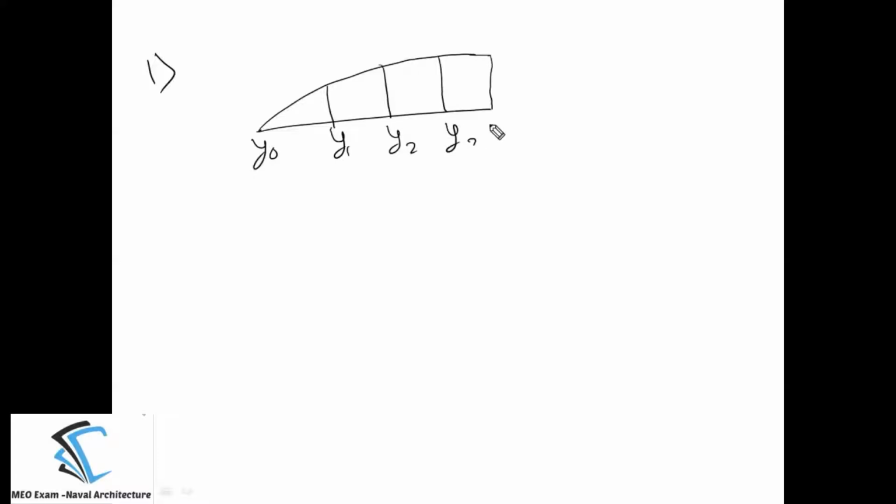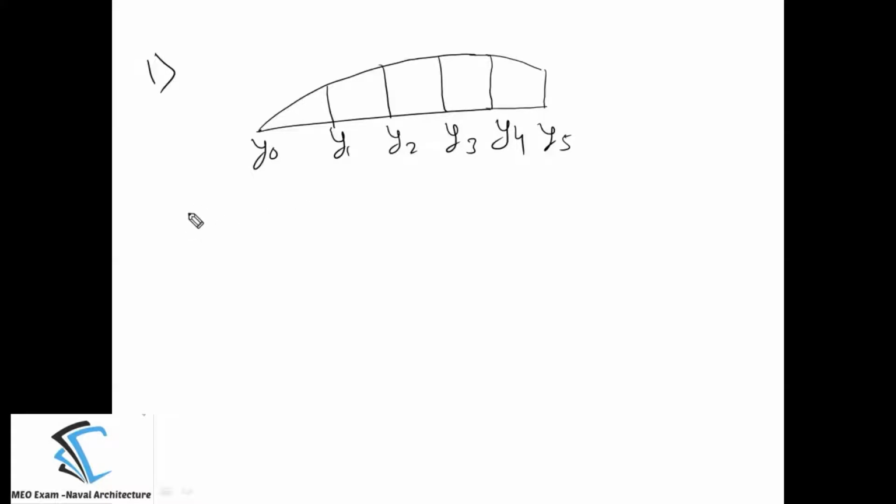Suppose you have ordinates y0, y1, y2, then y3, and then y4. Now I will take one more ordinate here, so you have a y5.